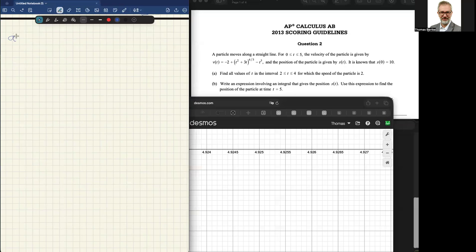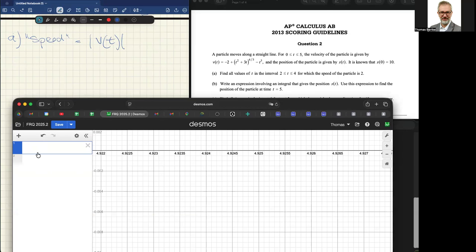So whenever you say speed in this type of problem, they're talking about the absolute value of the velocity. Okay, so that's important to note. It means how fast the particle is moving, no matter which direction. You get a point for identifying this.